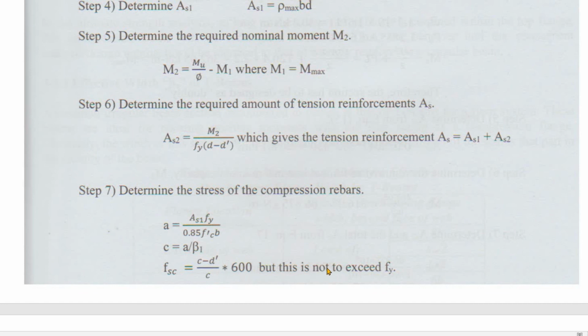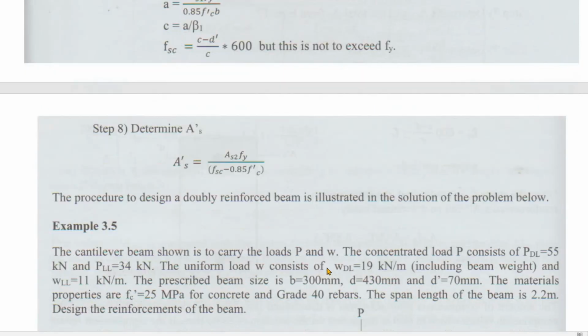But this is not to exceed Fy. And finally, step 8, determine your A prime S. This is now the compression steel, which is equal to AS2 Fy all over the quantity (FSC minus 0.85 f'c). The procedure to design a DRB is illustrated in the solution of the problem below.